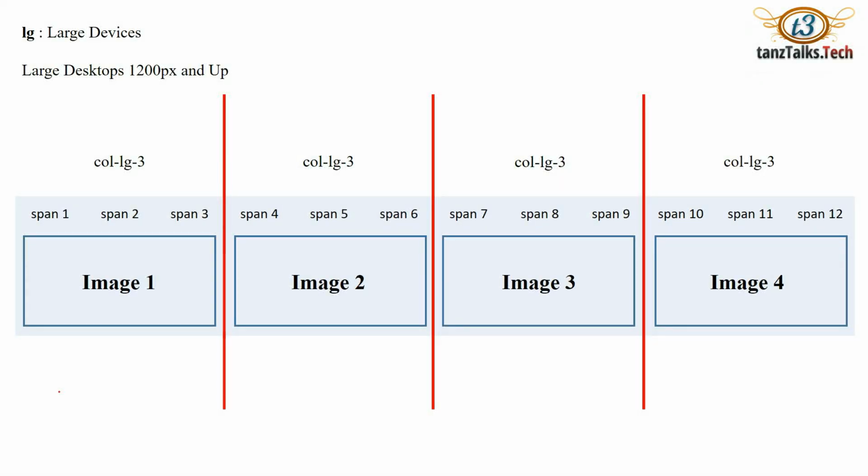Okay, now let me just quickly explain how I have divided the screen into various columns for the images in the gallery page. For the large screens, that is for LG, I have used col-lg-3 so that I have 4 thumbnail images on the screen in large screens.